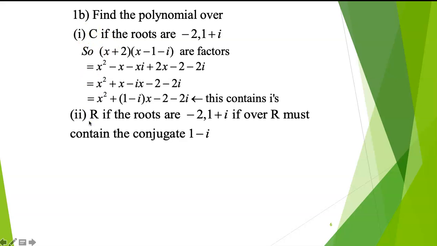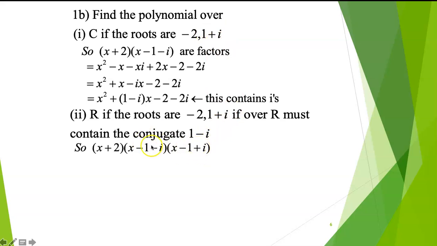But if the question says, now find the polynomial over R, real numbers, that means I don't want an i component in the final answer of the polynomial. To achieve that, you will add another factor, which is the conjugate of that, which is 1 minus i.